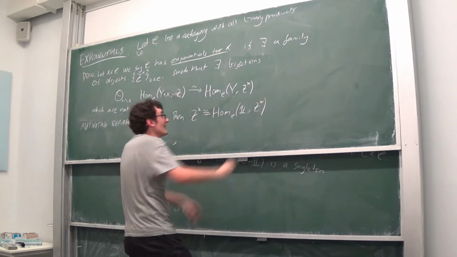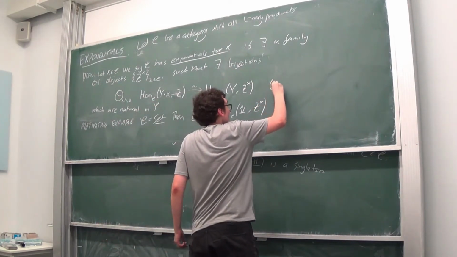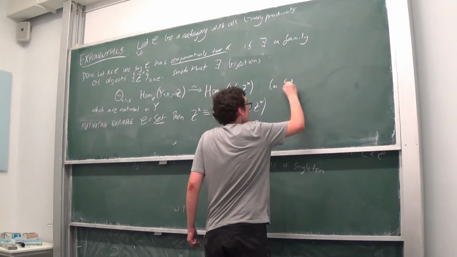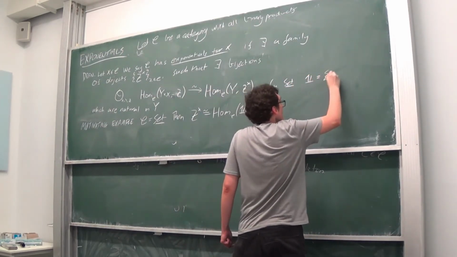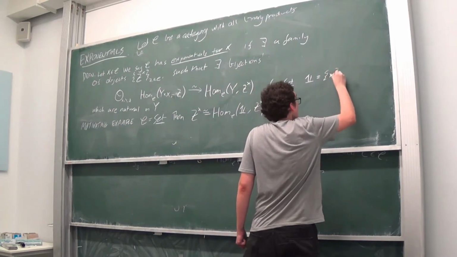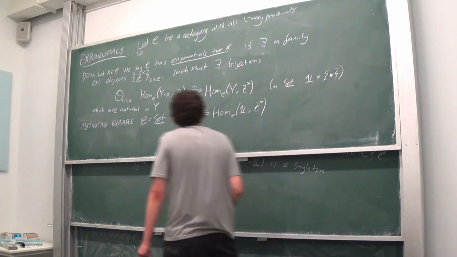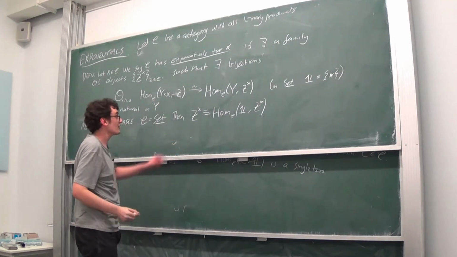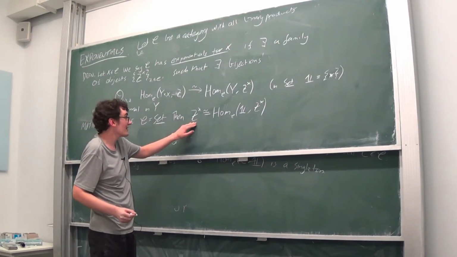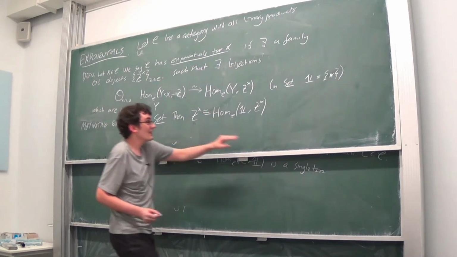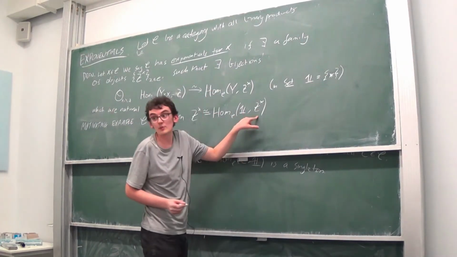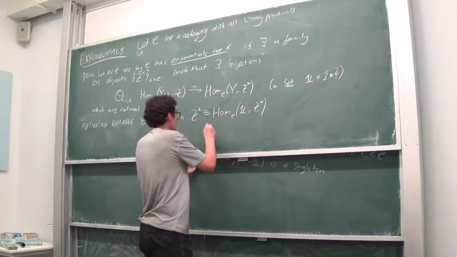Oh, also aside, the terminal object is just the singleton. So this bijection holds because for each element in Z to the X, there is a map which sends the lone point in 1 to that object. So these sets are in bijection.